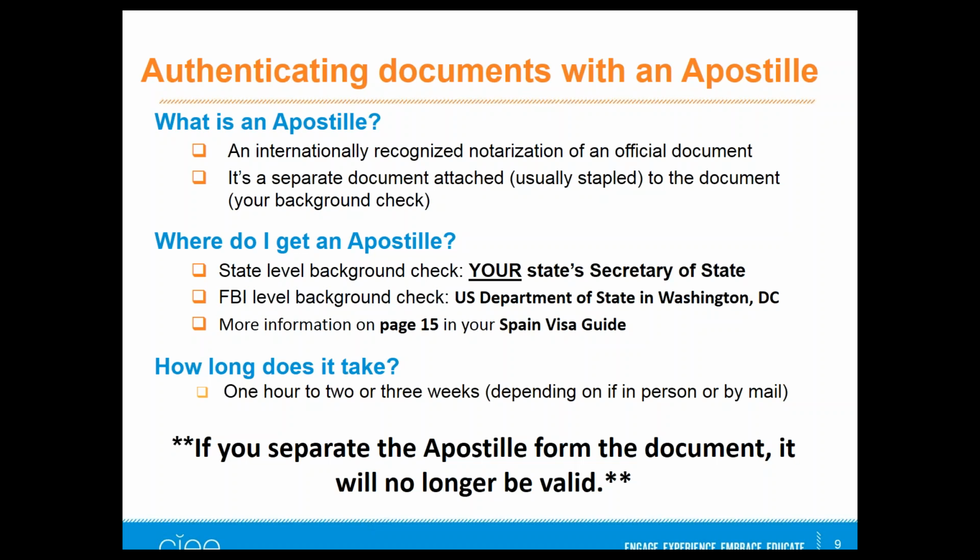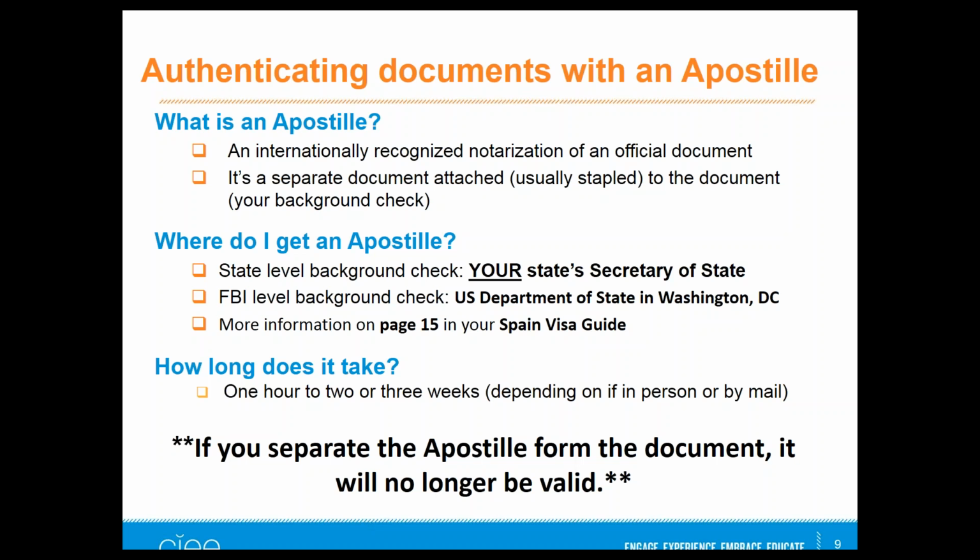Keep in mind that this separate document, this apostille document, is going to be attached to your background check, usually by a sticker, most likely a staple, and you need to make sure that these documents stay attached. If you separate the apostille page from the background check, and if there is any evidence that it was detached in any way, it becomes invalid.